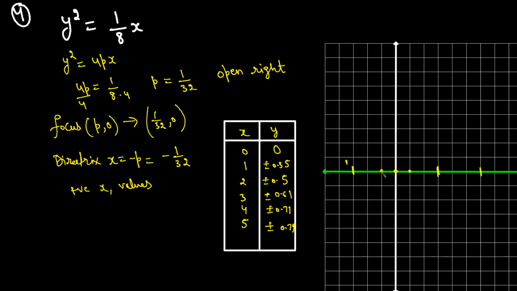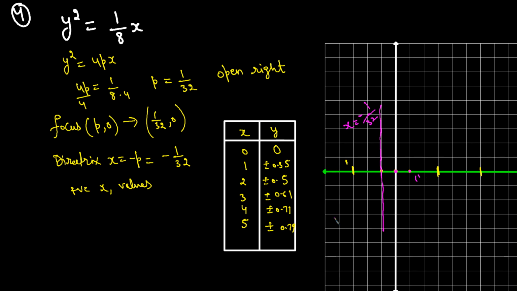This is my directrix, which is x equals minus 1 over 32. This point (0, 0) is my vertex, and this is my focus, which is (1 over 32, 0).